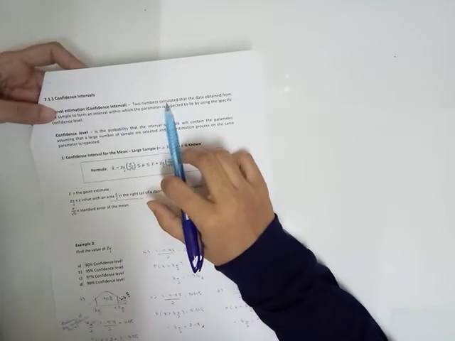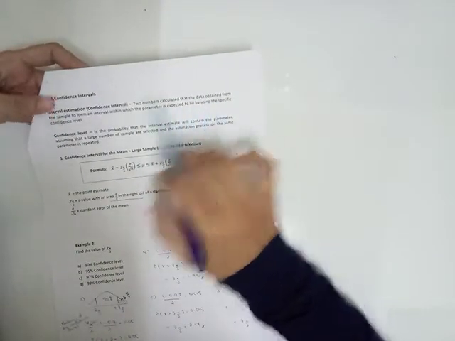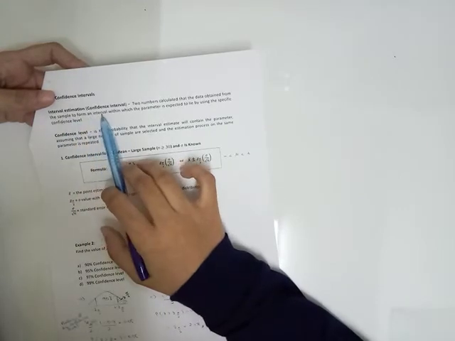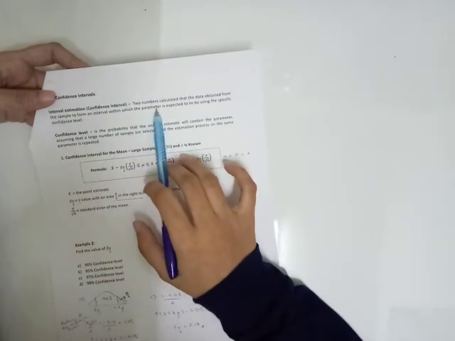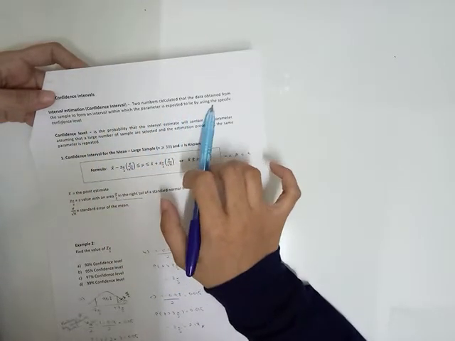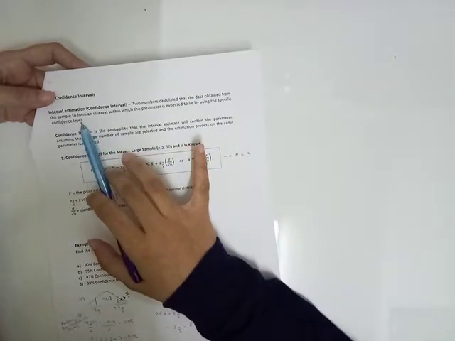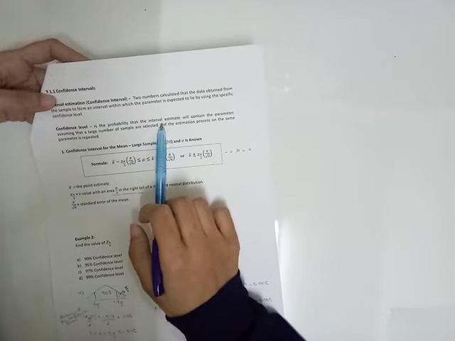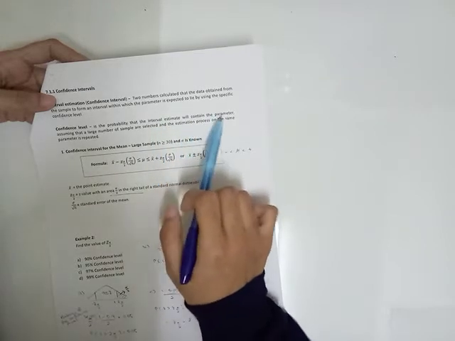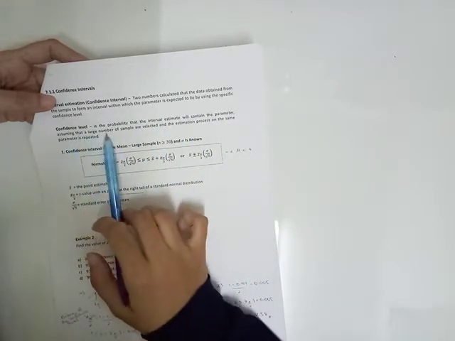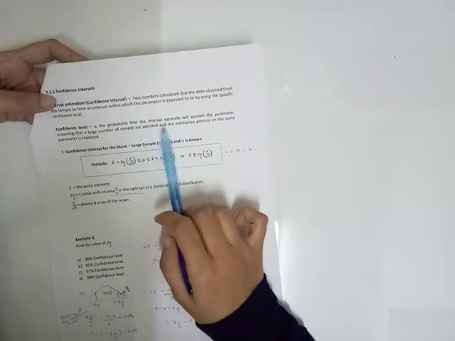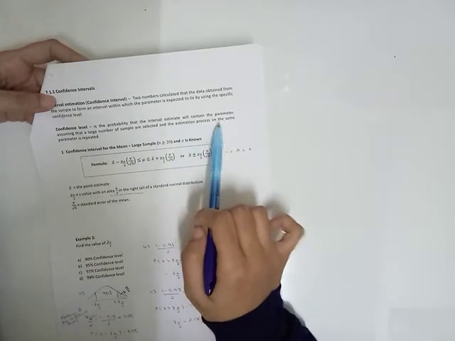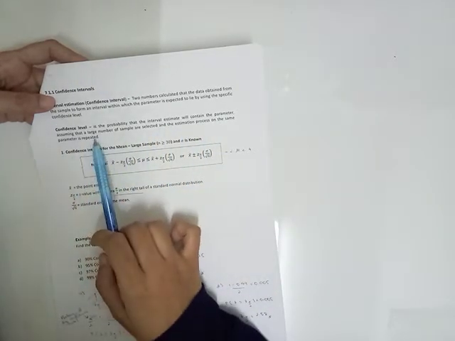It is the two numbers calculated from the data obtained from the sample to form an interval within which the parameter is expected to lie, by using a specific confidence level. What is the confidence level? It is the probability that the interval estimate will contain the parameter, assuming that a large number of samples are selected and the estimation process on the sample parameter is repeated.